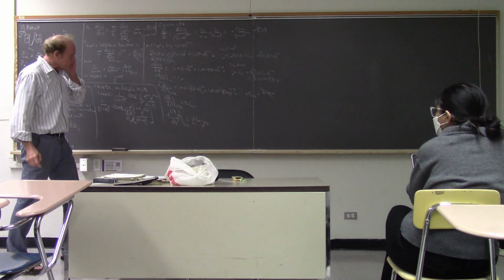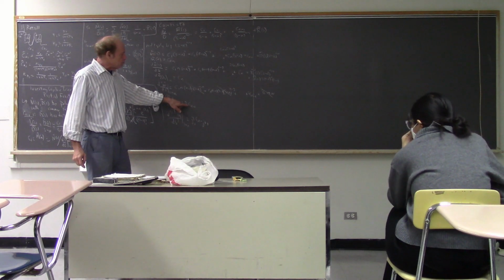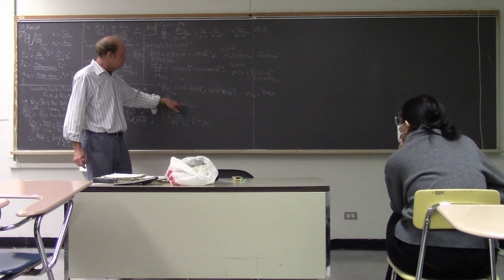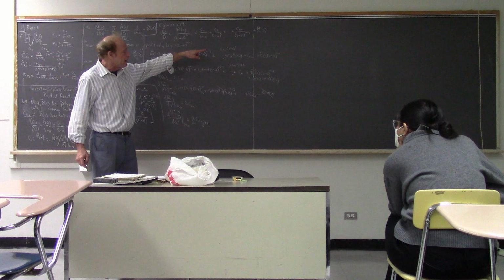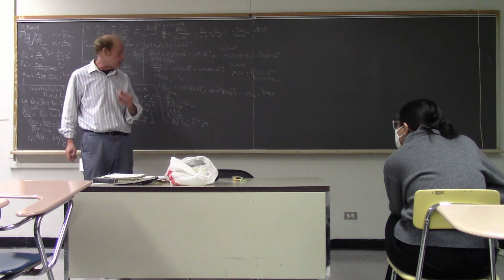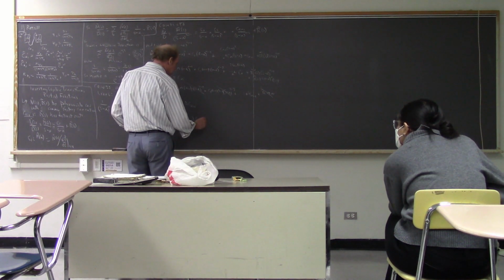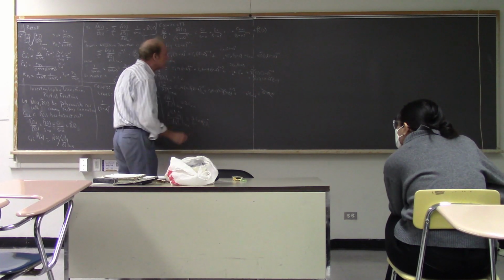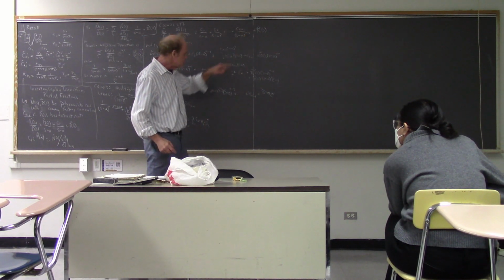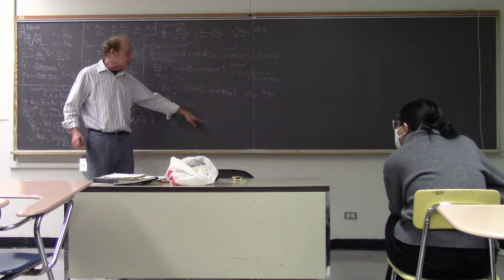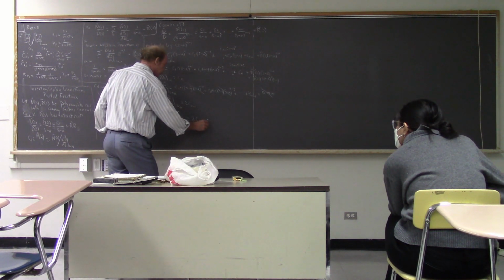And now how did I get that? Well, remember when I take two derivatives, I just have n minus 1 because I started at n plus 1. So it's n plus 1 minus j. Maybe I should write it that way. I started at n plus 1. So when I take j derivatives, I knock down j of them.